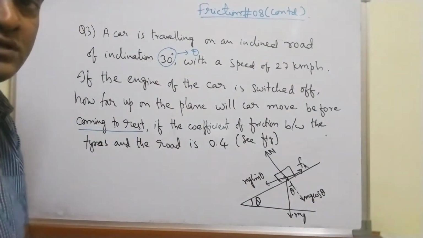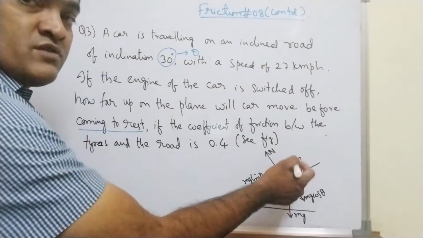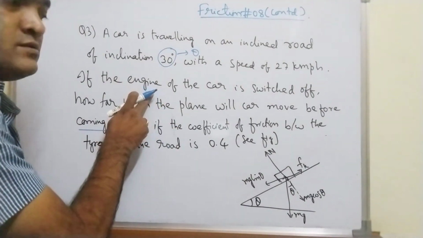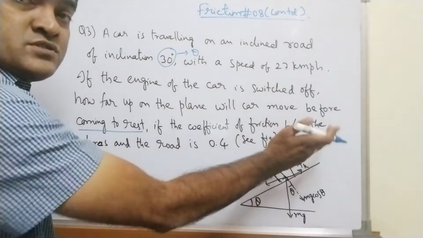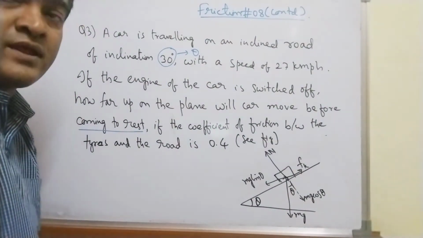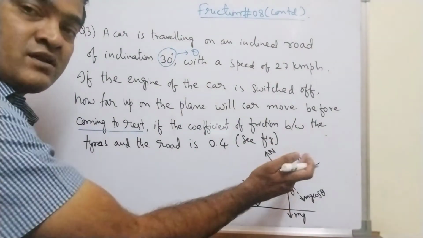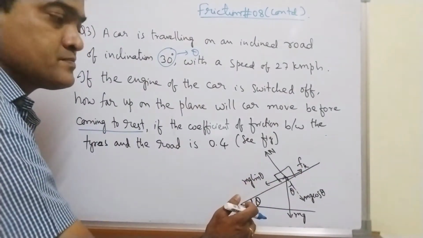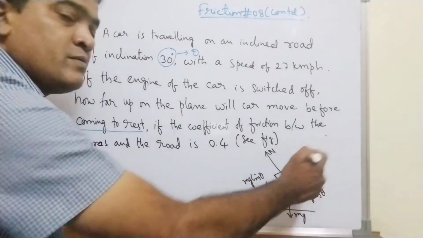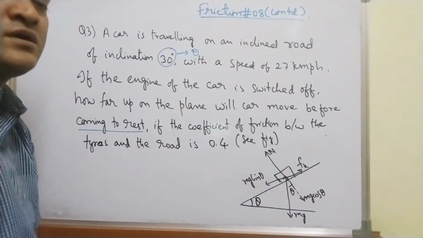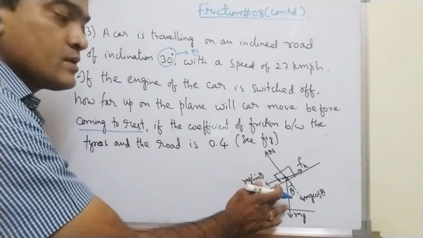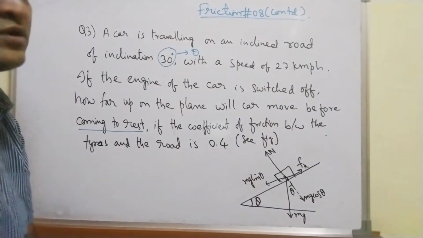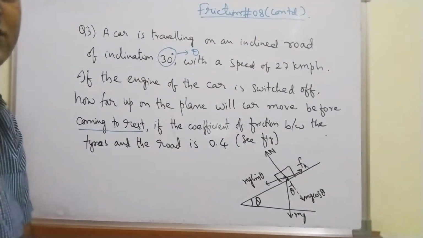You may ask why I have put the frictional force in this direction. The moment you turn off the engine, as it is moving up the inclined plane, the car will come back down. When the car is coming back down the plane, frictional force will act in the opposite direction because of the relative motion between the tires of the car and the inclined plane. So Fk will be acting in the upward direction.